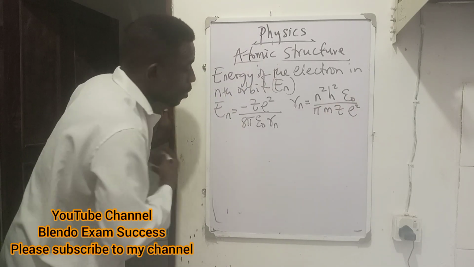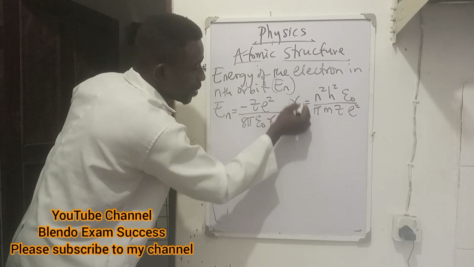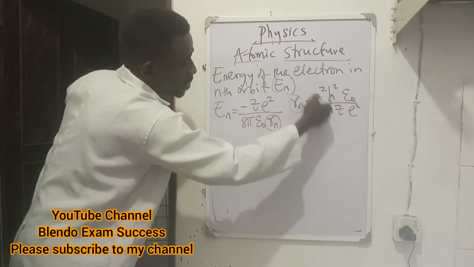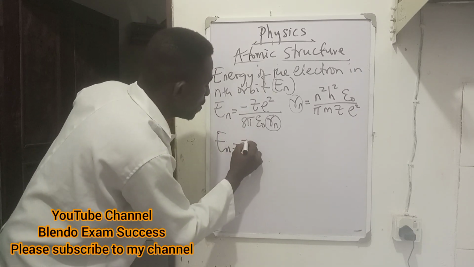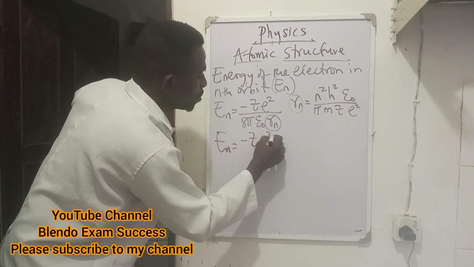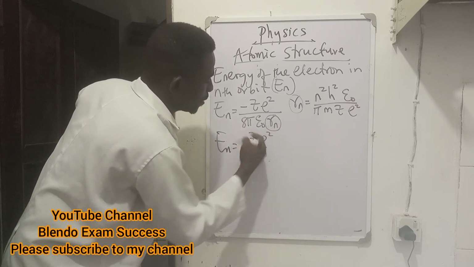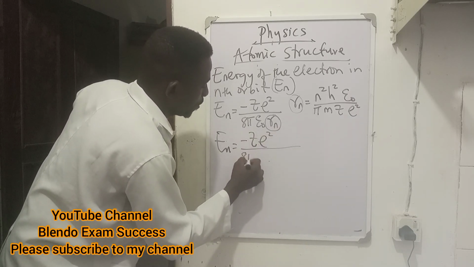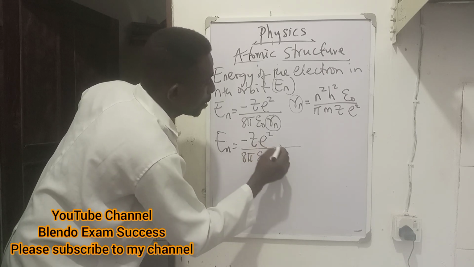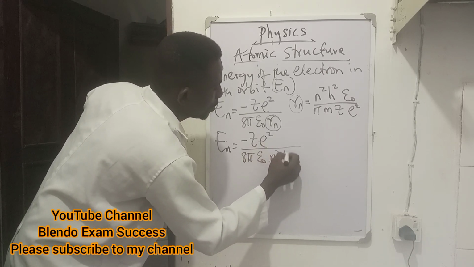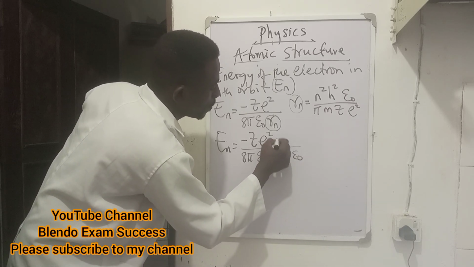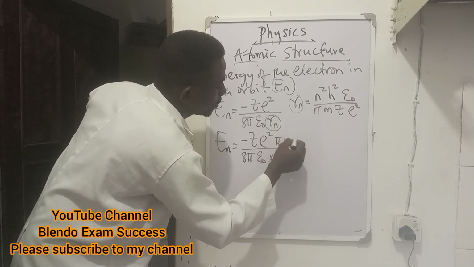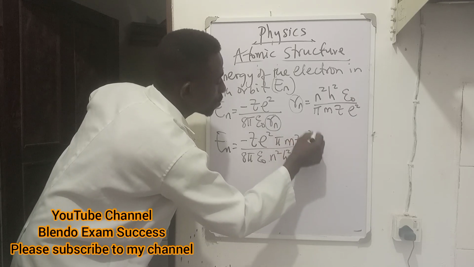So what do we do? We just substitute this value here. We remove it and replace everything here so that we'll be able to get minus Z squared e squared. So when you put it in, you will have 8 pi, okay, then n squared h squared epsilon naught. Instead of writing divide by, it will come up pi m Z squared.